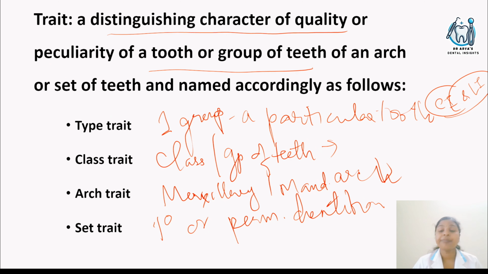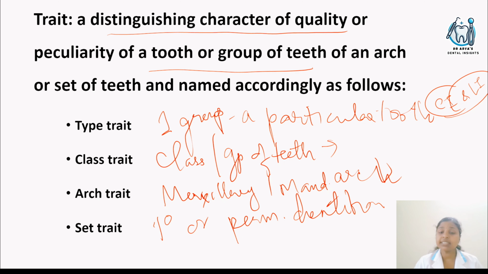What is a trait? It is a distinguishing character, quality or peculiarity of a tooth or group of teeth of an arch or set of teeth. Type trait is a particular character of a particular tooth in one group, for example central incisors and lateral incisors. Class trait is a character for a class or group of teeth, that is incisors, canines, molars, and premolars.